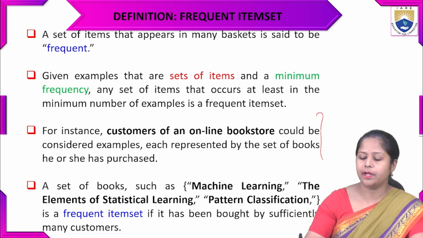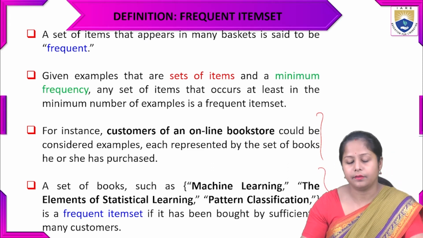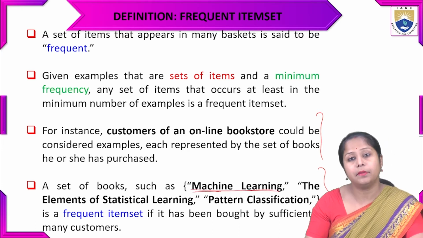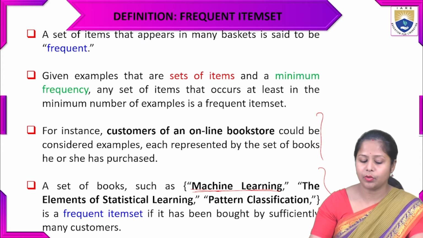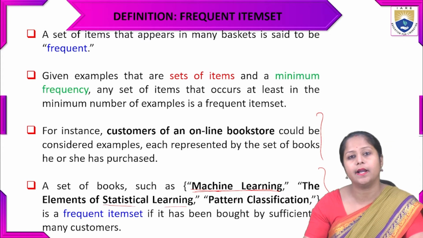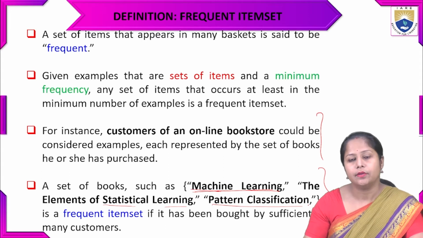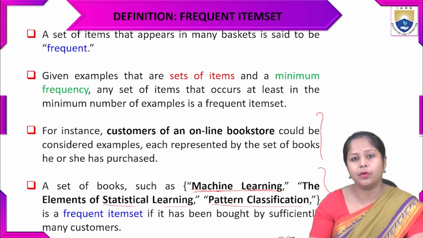For example, take a list of books: the first is Machine Learning, the second is The Elements of Statistical Learning, and the third is Pattern Classification. So in this item set there are 3 books, right?